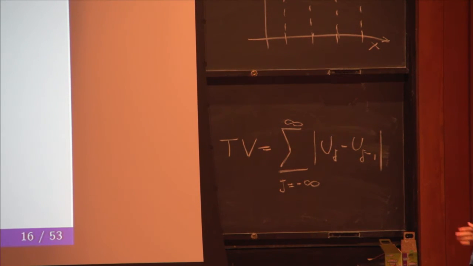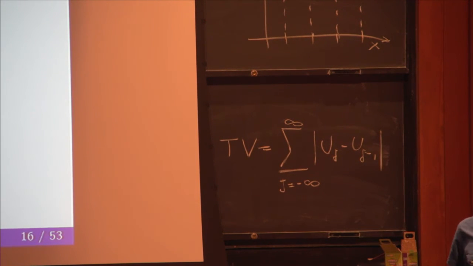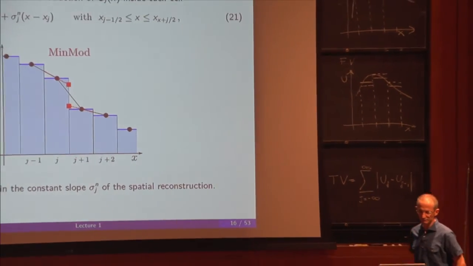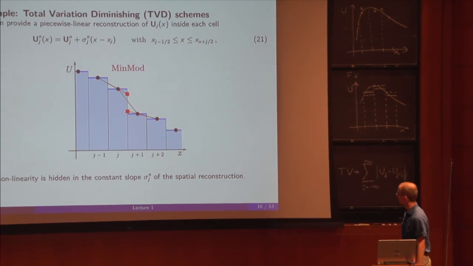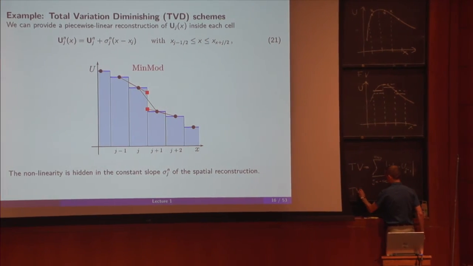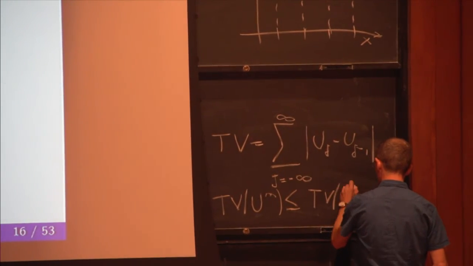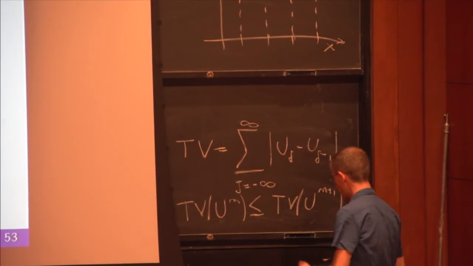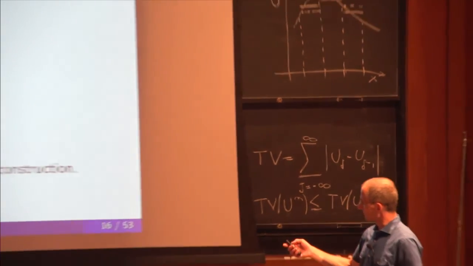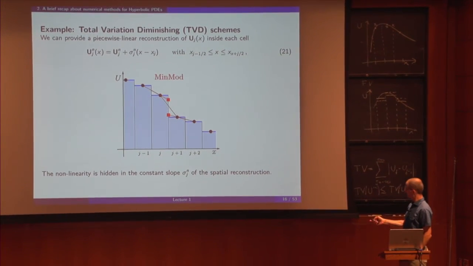So this is defined at generic time level Tn, and you want numerical schemes that keep this quantity finite are called total variation diminishing. Actually, they have this property. It remains bounded.